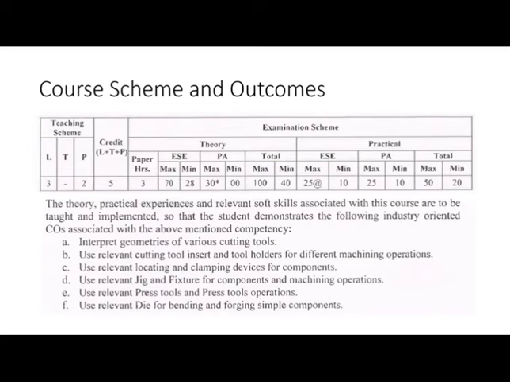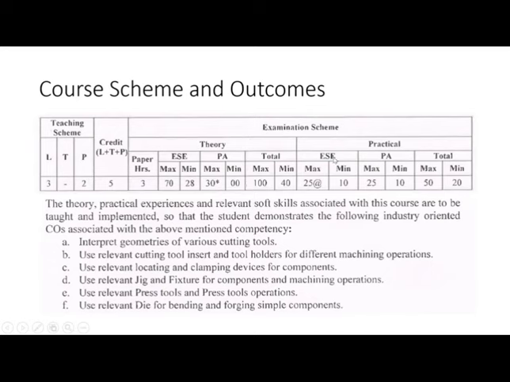The course is affiliated to MSBT as Tool Engineering, having code 22565, with lectures of 3 and practicals of 2 hours, having a total credit of 5 per batch, and theory marks 70, out of which you require 28 marks. Practical assessment is for 30 marks, and the total will be considered as 100 marks.